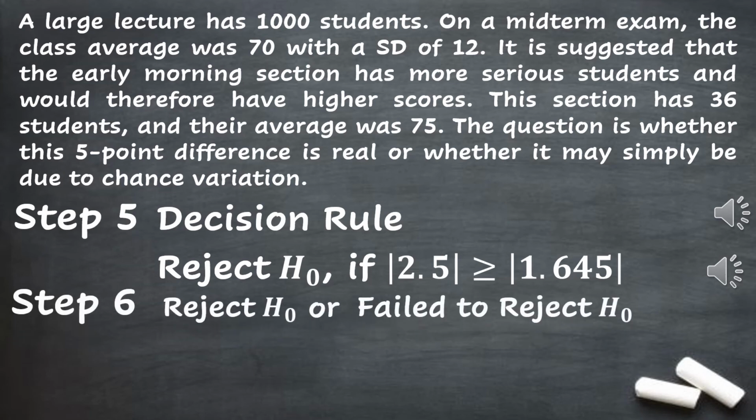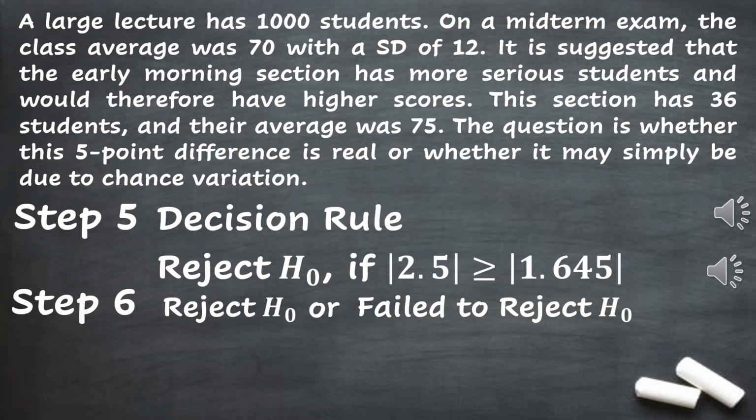Step 6, identify if we have to reject the null hypothesis or fail to reject the null hypothesis. To verify, we have to go back to step 5 and check if the given inequality is true or false. Going back, we have 2.5 is greater than 1.645 and that is true.